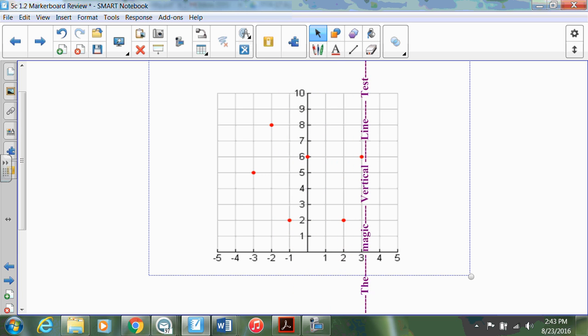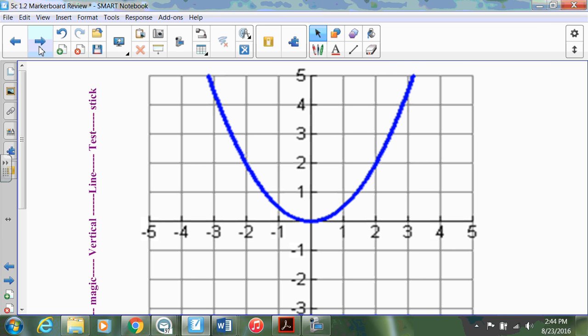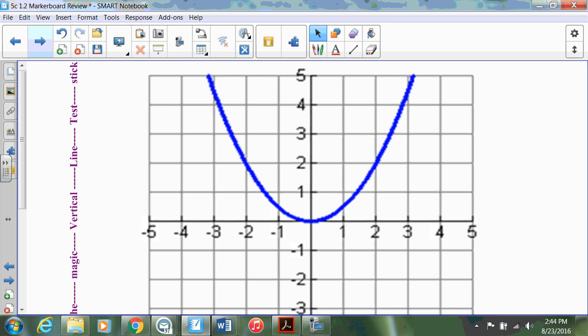So yes, this is a function. Our next graph, we can recognize that it's a quadratic, and we know quadratics are functions, but we can also use our vertical line test to see as the vertical line is moving, it is only hitting 1 point at a time. That's another way to show that it is a function.